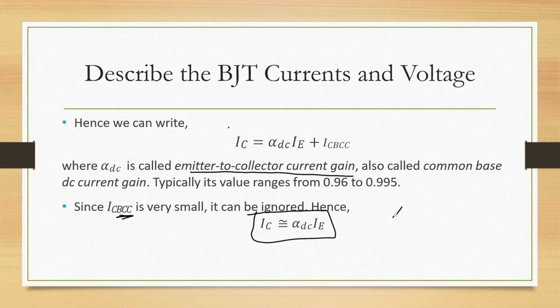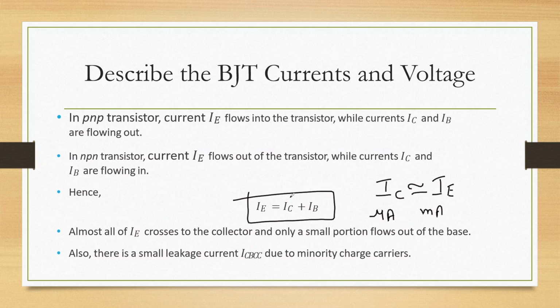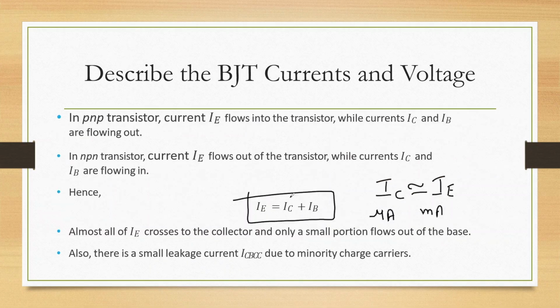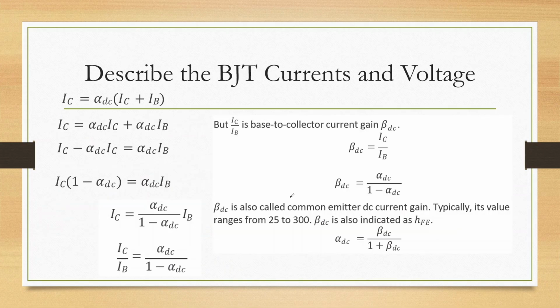So you can also write alpha is equal to IC by IE. Whenever you want to find out alpha, you can use this. Whenever you want to find out beta, you can use one more, done in the next slide.